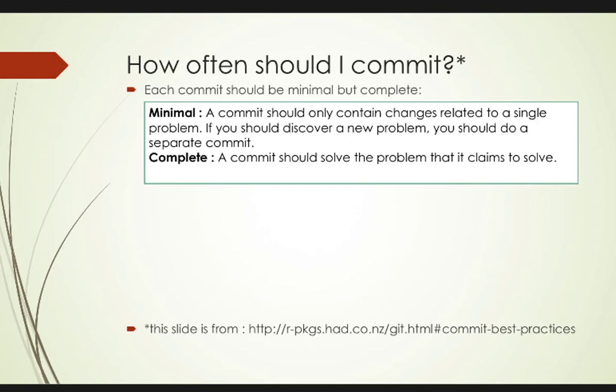If you discover a new problem, you should do a separate commit. And then the task that you are doing should be complete. You have to make sure that the function runs correctly, there is no error or bug in the function, and you have basically done whatever you are claiming to write as a commit message.